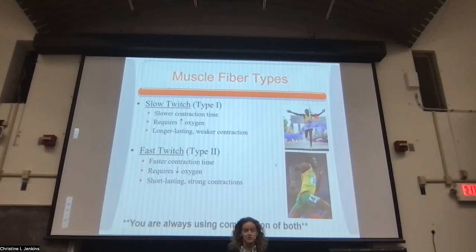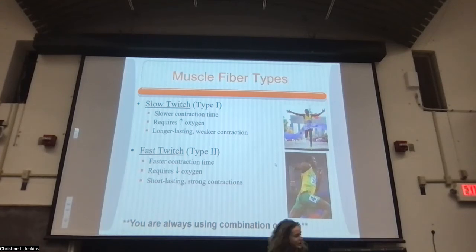A slow twitch muscle fiber is more geared for lower intensity contractions. Look at the bottom bullet point. Longer lasting contractions, but weaker. I would just go with that bottom bullet point.